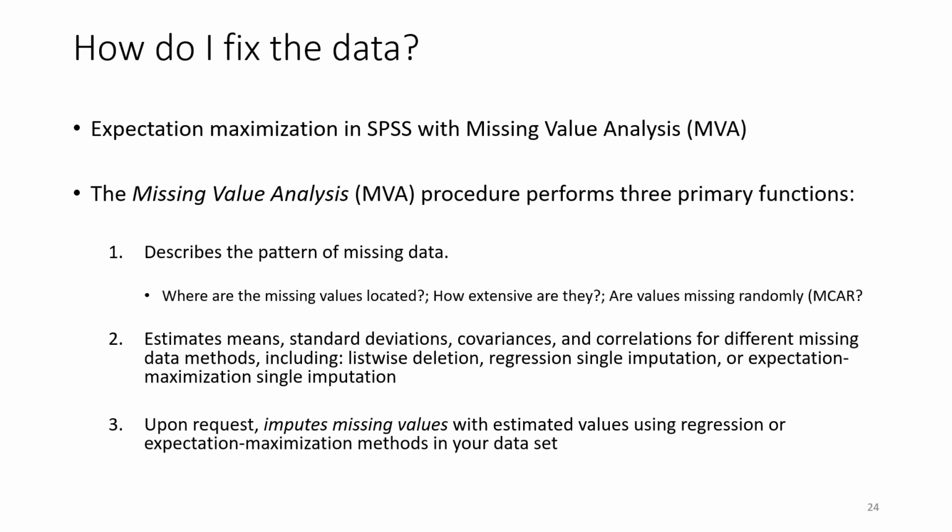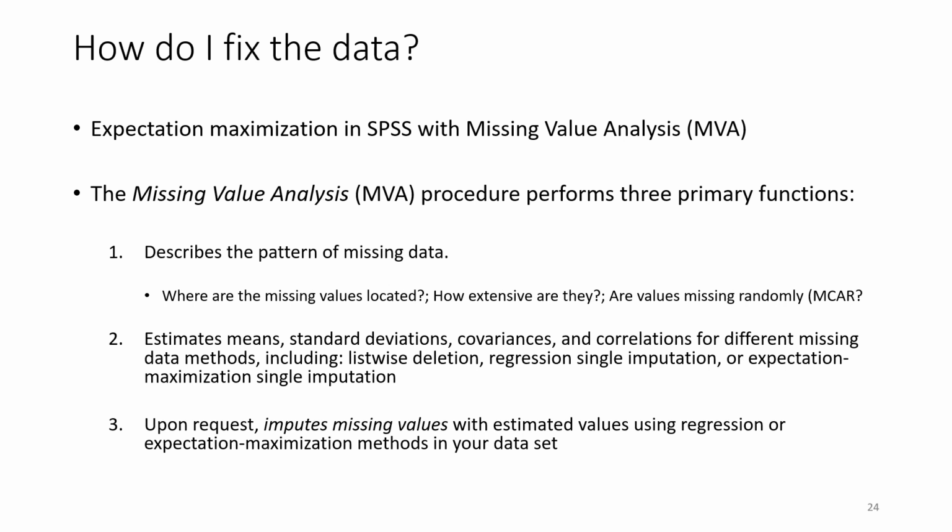The expectation maximization approach to treating missing data can be performed in SPSS by going to the analysis pull-down menu and opening up the missing value analysis tab. This will allow you to do three things.